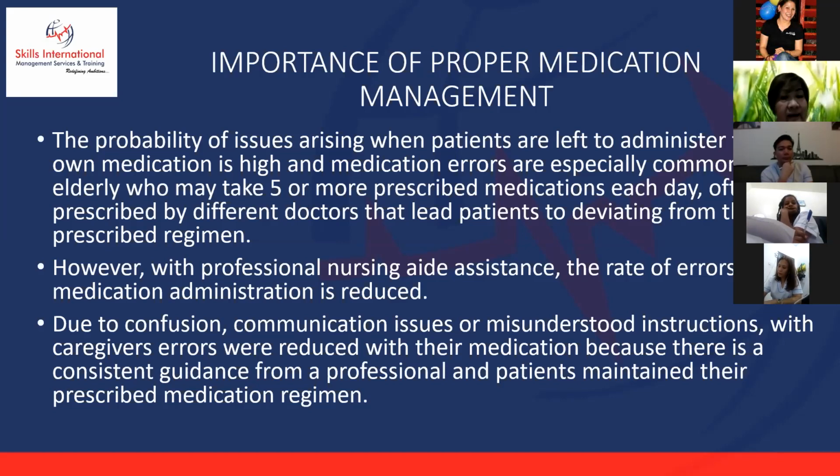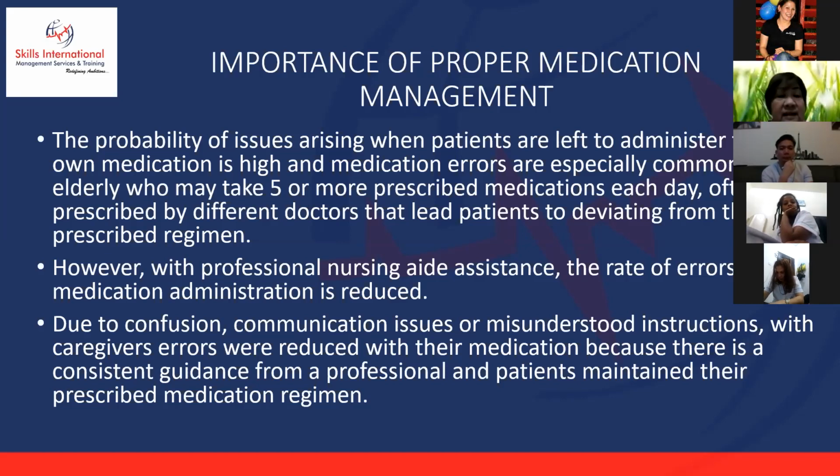So they are hiring caregivers, nursing aides, even licensed nurses, especially private nurses. Our responsibility now is to ensure that the medication is being given and to reduce the harm to the patient that is due to medication error.